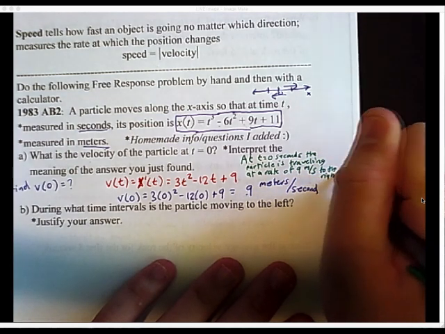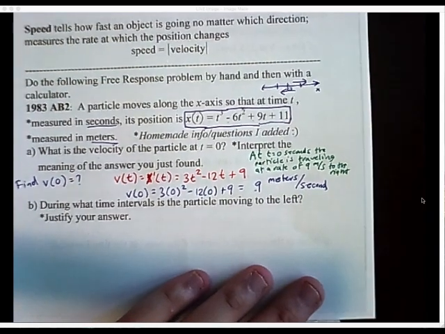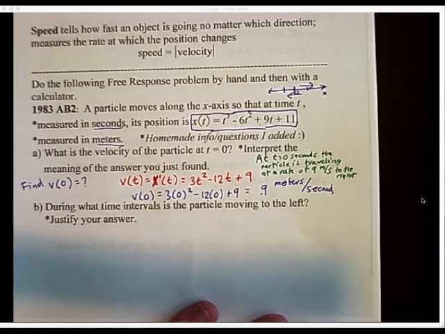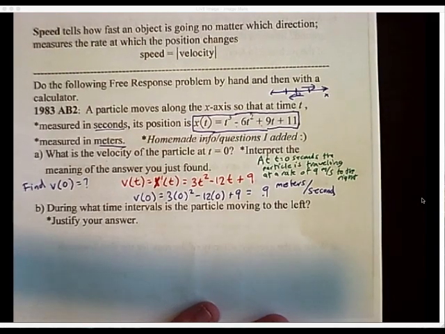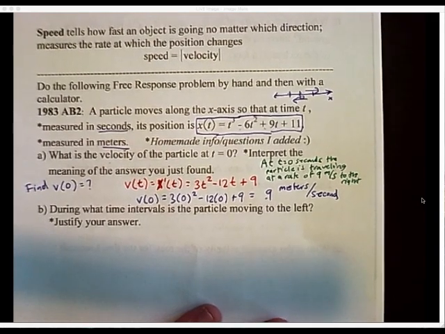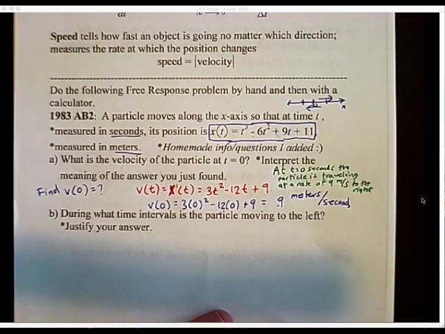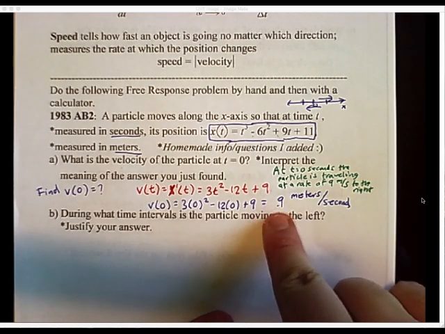Right is considered positive. That would be the interpretation. So that's its speed. Its speed is 9, and it's traveling to the right because velocity was positive.